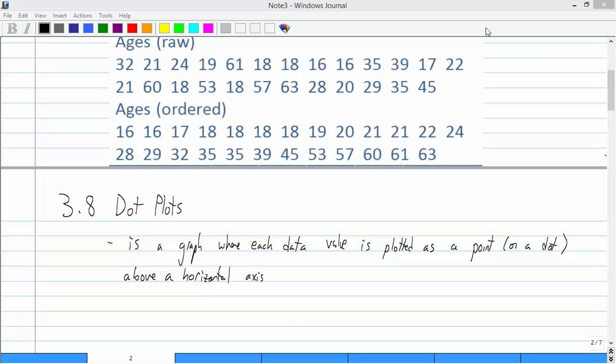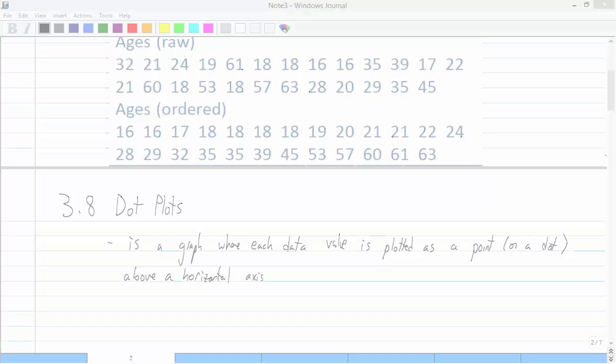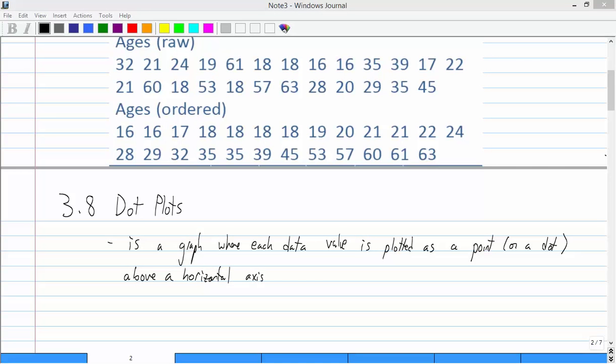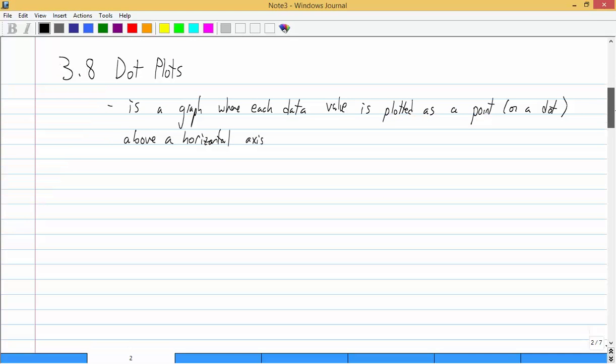So let me show you an example of a dot plot. So let's say that I took everyone's heart rate in here right now, and I am a wizard, so I can do that. And then I was to draw a horizontal axis. What's horizontal? Left to right. Kind of like the x-axis or a number line.